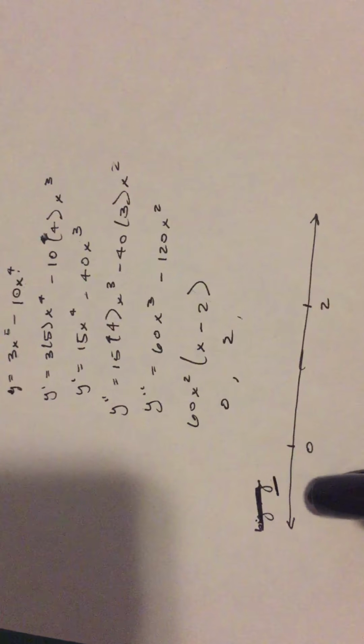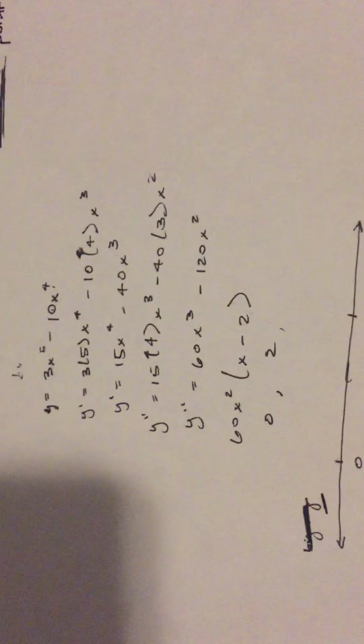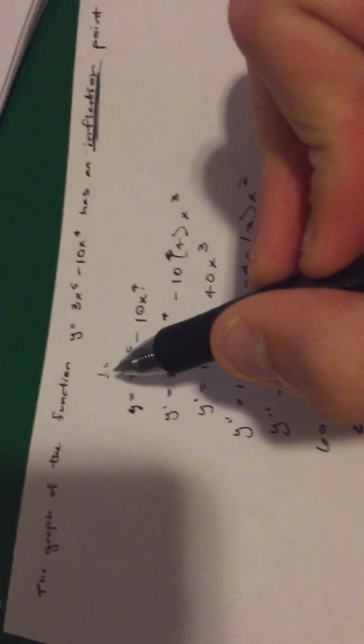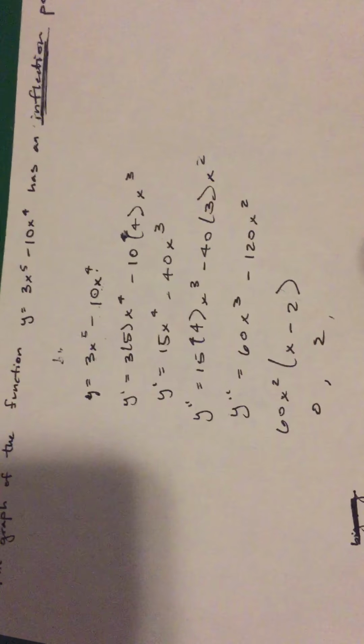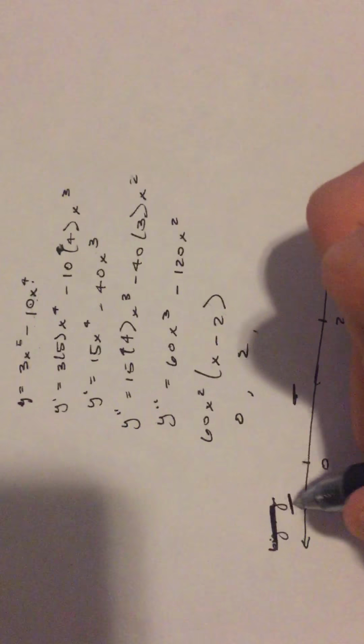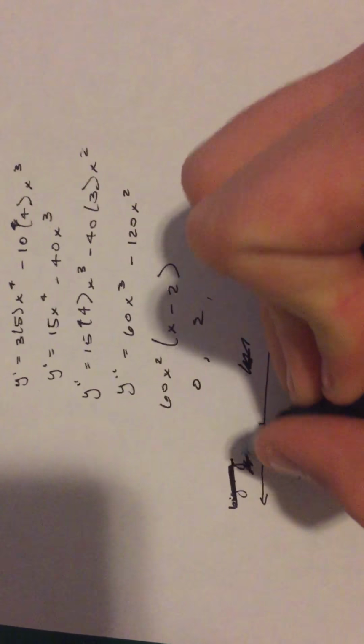So we've indicated that less than 0 on the number line, you're going to have a negative. An easy test value between 0 and 2 would be 1, for instance. If you plug 1 back into the function, 3 minus 10, so that would be a negative number. I guess we should go ahead and write our negatives down here. So we have a negative number there.